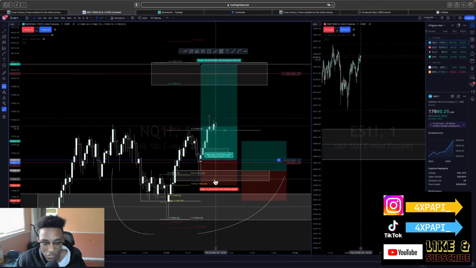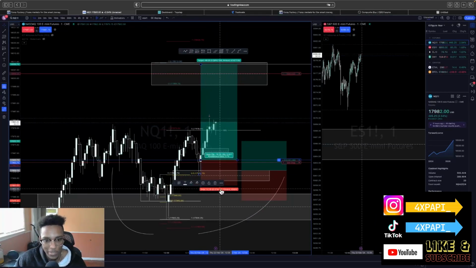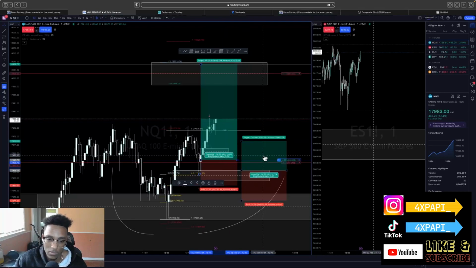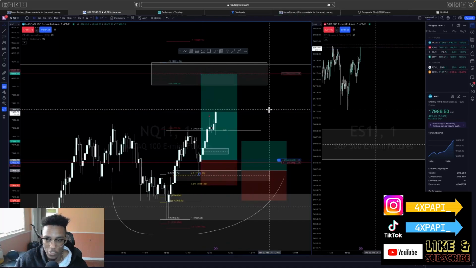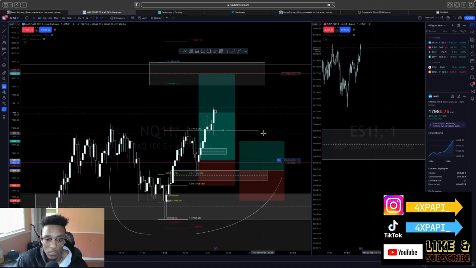But I just knew, after doing the math, that I wanted to make sure my risk management was correct. Because regardless of how confident I am in the trade, I still risk the same amount. I try to risk around 500 to 600 a trade on the 150K Topstep. But yeah, now we just sit, there's nothing else left to do.